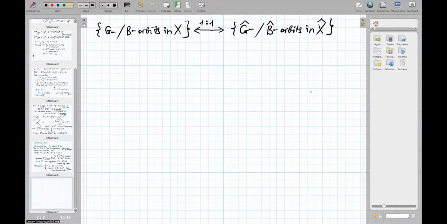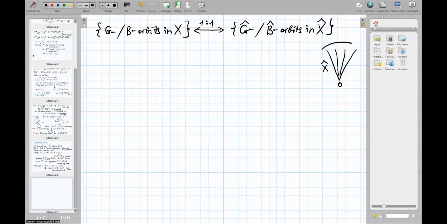Okay, so we have, let me try to draw some kind of a picture for you. So we have this cone, X hat. This is the origin.